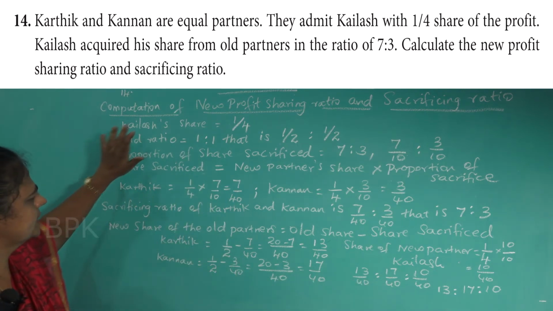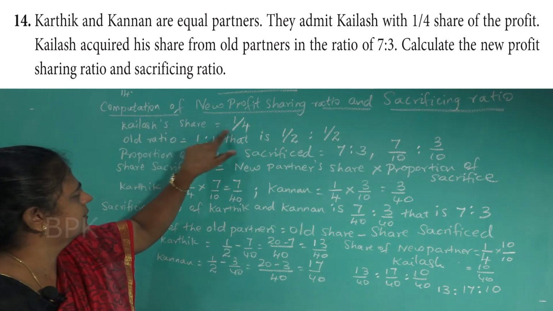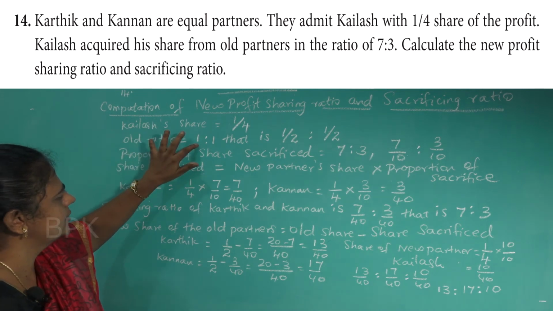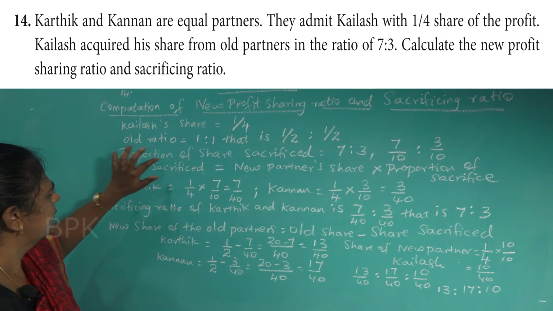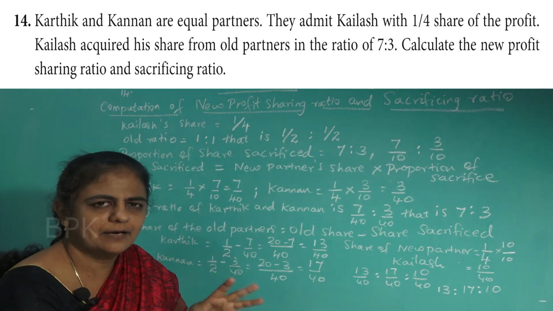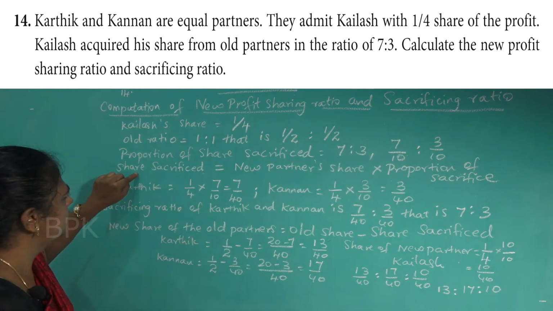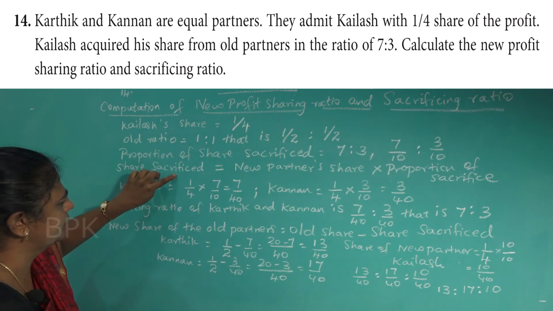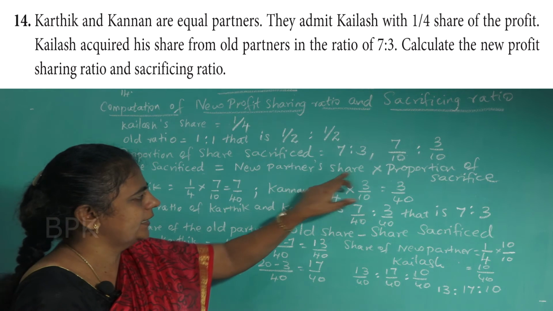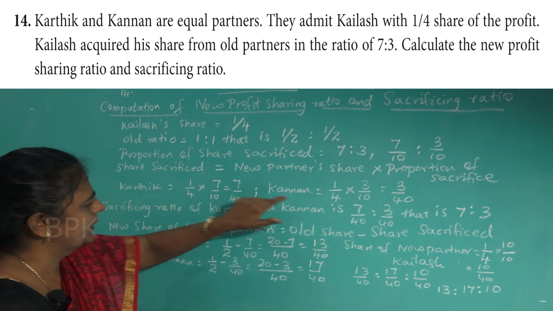Now see the question. What is given in the question? Kailash's share is given, 1 by 4. Old ratio equal, they both are equal partners, so 1 is to 1. Proportion of share sacrificed is given. In what proportion are they going to sacrifice? That is given, 7 is to 3. Now what you have to do? You have to find out the share sacrificed. For finding the share sacrificed, what is the formula? New partner's share into proportion of sacrifice. So find out for Karthik and Kannan.